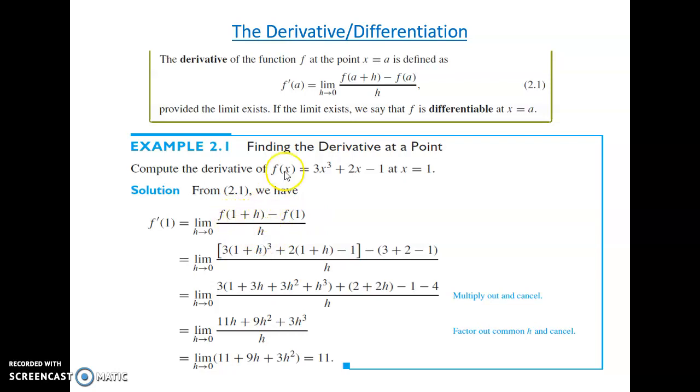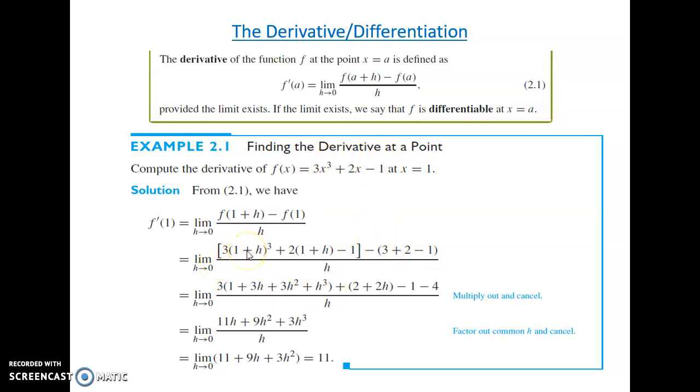Substituting, I get 3 times (1 plus h) cubed, that means x is replaced by 1 plus h, plus 2 times (1 plus h), then minus 1, and then I put x equal to 1 to get these three terms.